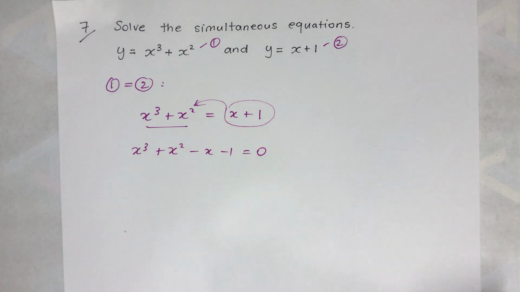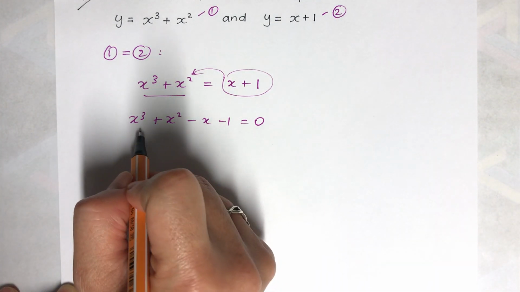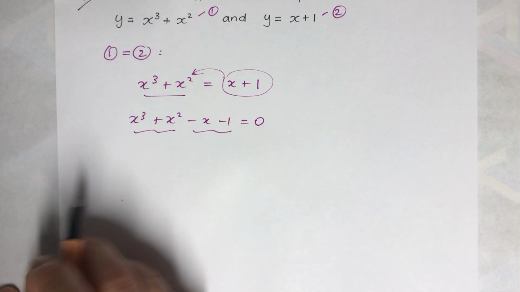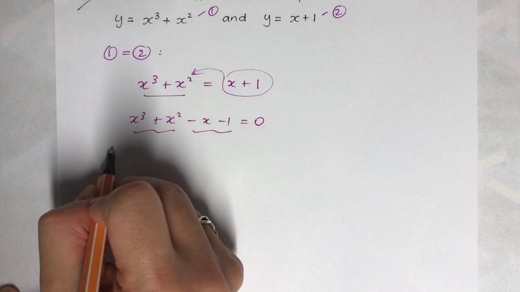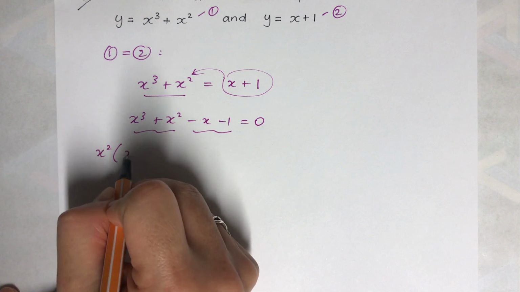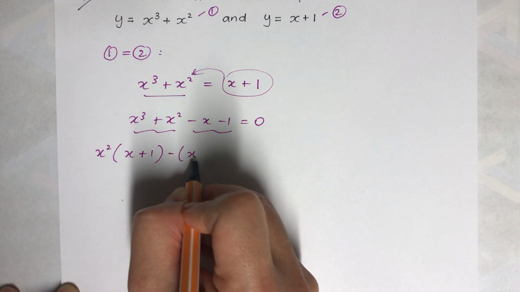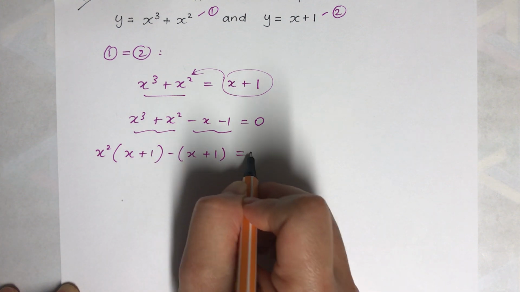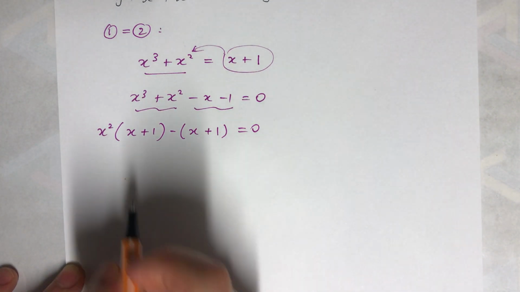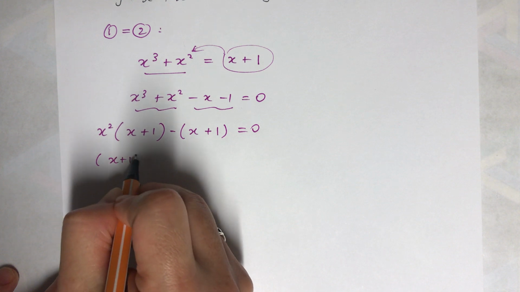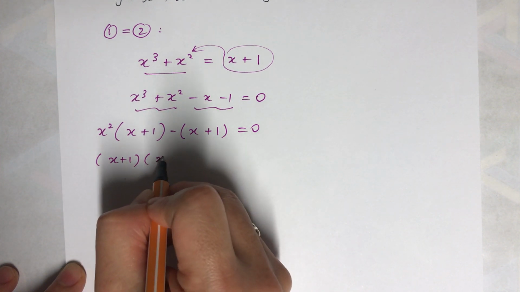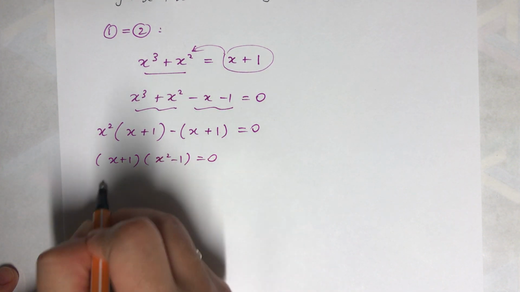Okay, so that's not too bad. And I'm going to factorize by grouping. So I'm taking x squared out, 1 minus, I'm taking minus out. Excellent. So my common factor is x plus 1. x squared minus 1 equals 0.